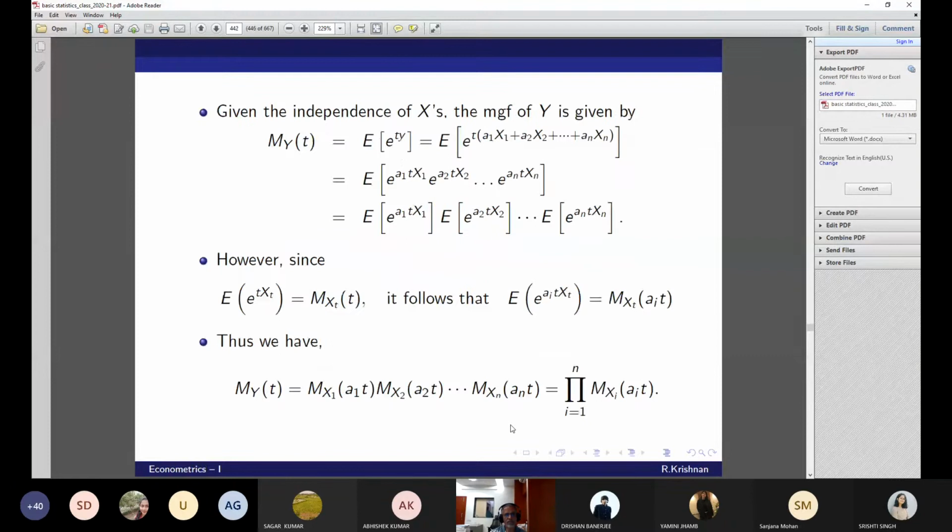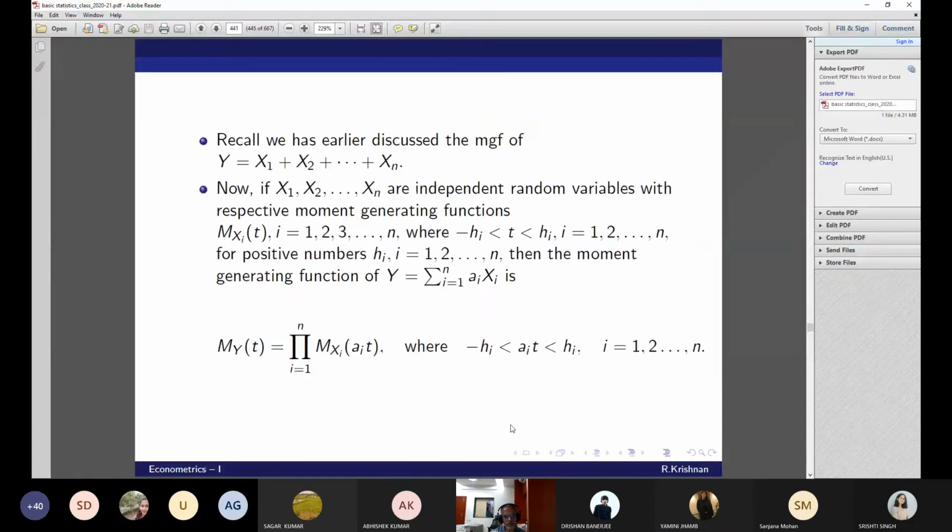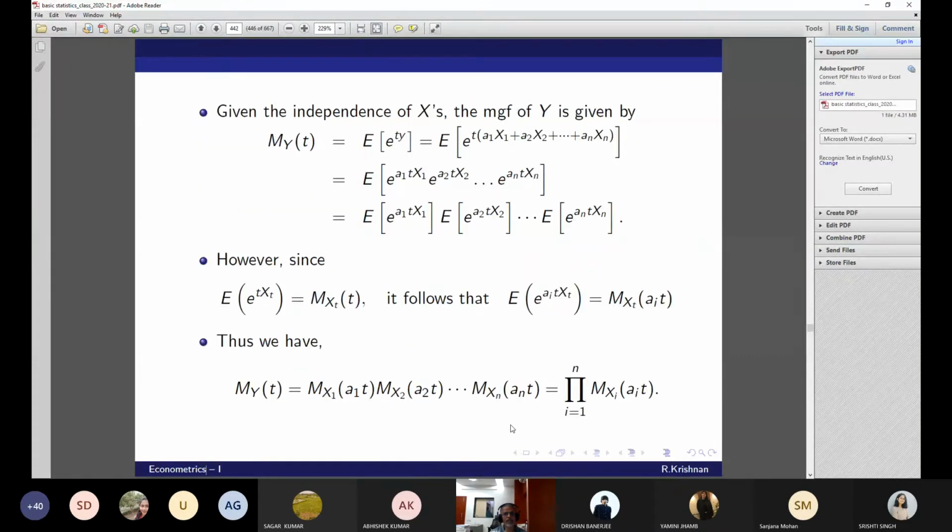Given the independence of x, we'll show how the MGF of y is given by this. The third line tells you the independence property, the third equality.